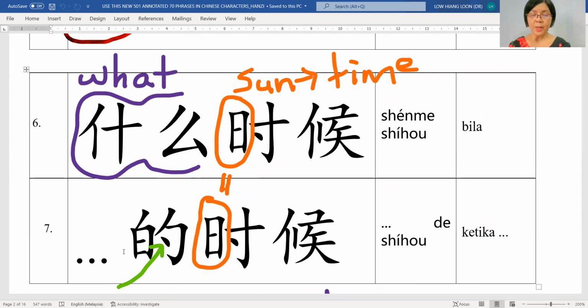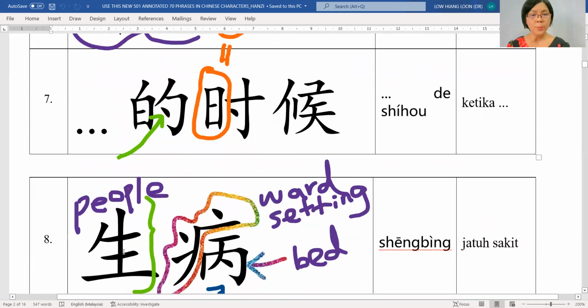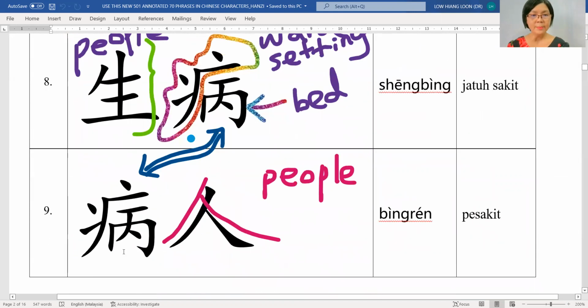Okay, number 7. 老师 assume everybody should know also it relates to time. Okay, and the third 时候 is during. Okay, 好. May we proceed? Okay, next number.